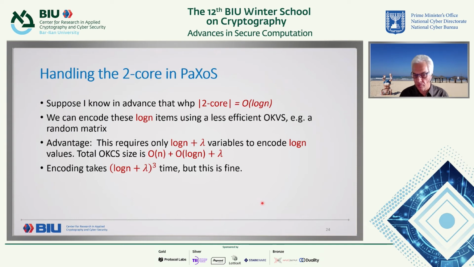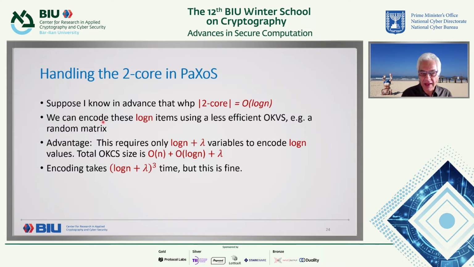So, I'll continue a bit with this construction, and then there's going to be a break. Suppose I know in advance that the 2-core is going to be of size up to order of log n. This I know from graph theory or analysis of random graphs.